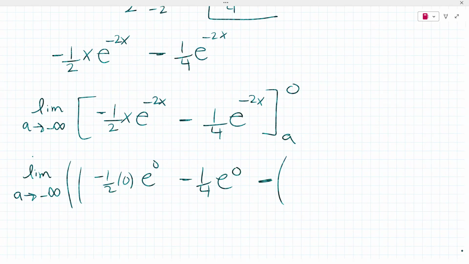So it's going to be negative 1/2 a e, negative 2 times a is negative 2a, minus 1/4 e, and then negative 2 times a is negative 2a.